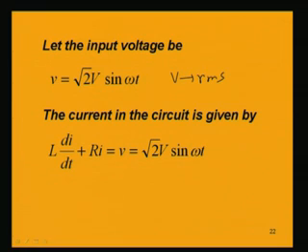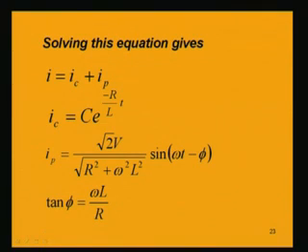Now, we have to solve this equation. It is a first order differential equation. Solving it leads to the current, which is a summation of the complementary function and the particular integral. So, we have two portions in the solution.